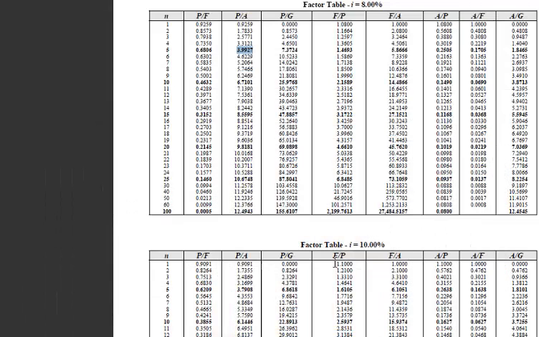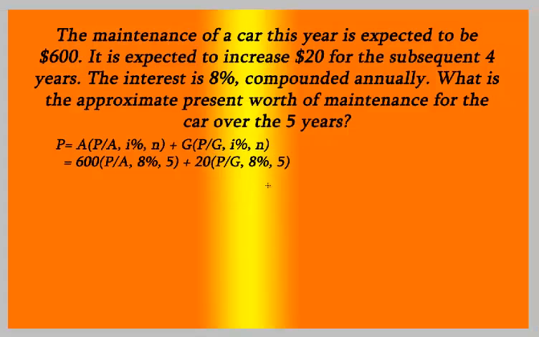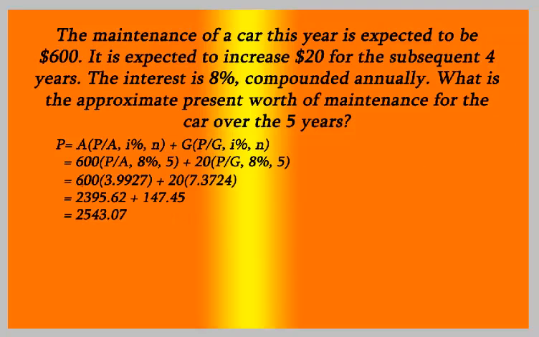So this is how you fill that in. And then right next to it is your P given G. This is 7.3724 is your P given G. Right here.